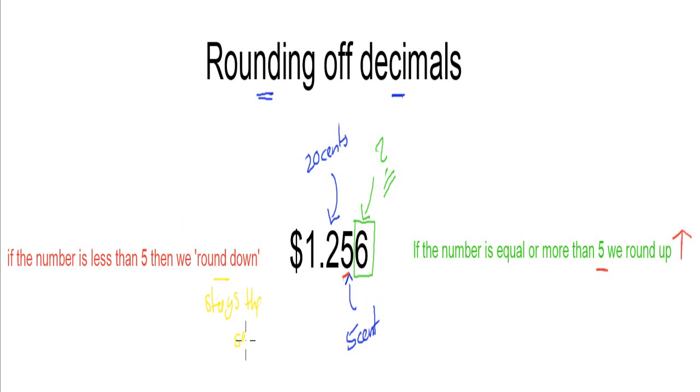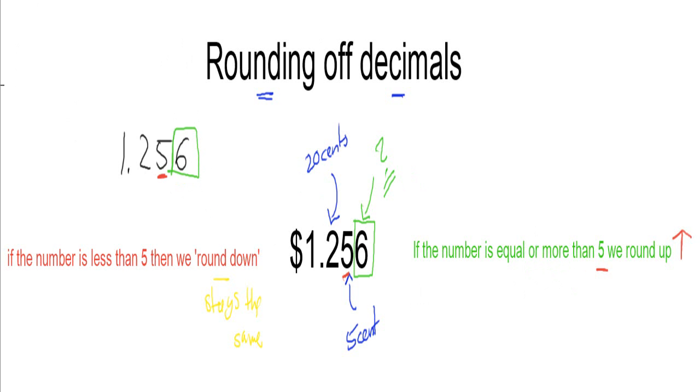So in this case, remember our number is 1.256, and we want to get to the nearest cent, so this would be this column right here. So what is the number behind the nearest cent column? Again, that's the number 6. So the number 6 is equal to or more than 5.